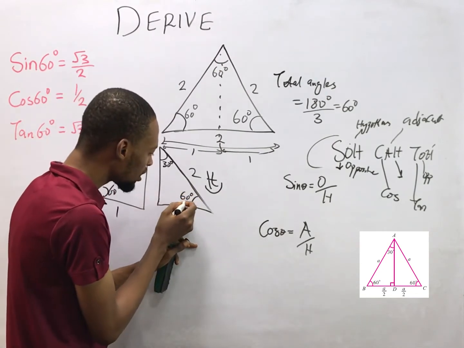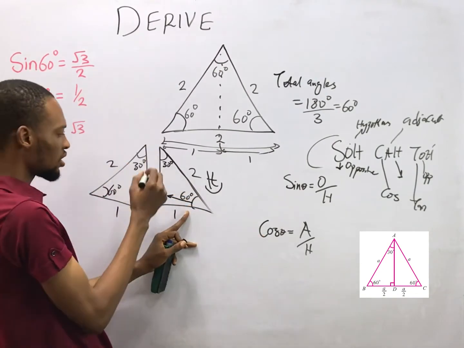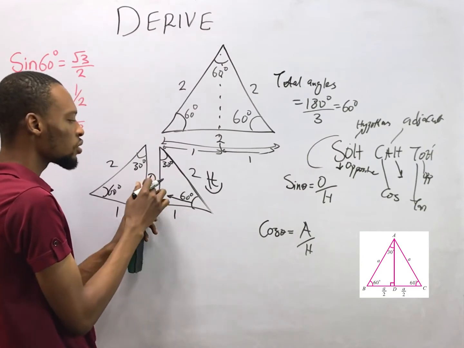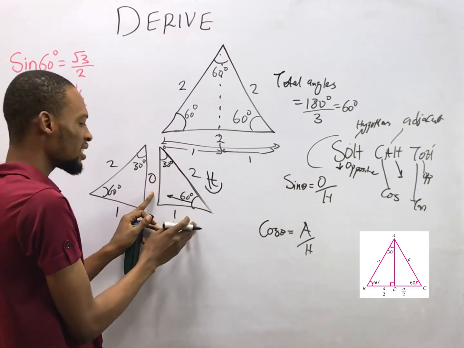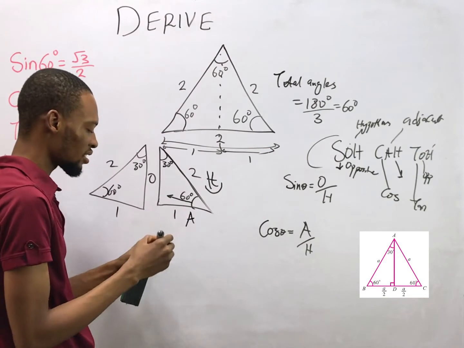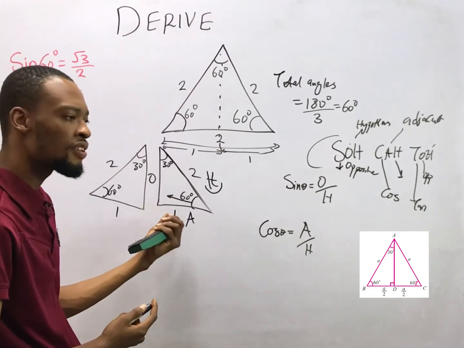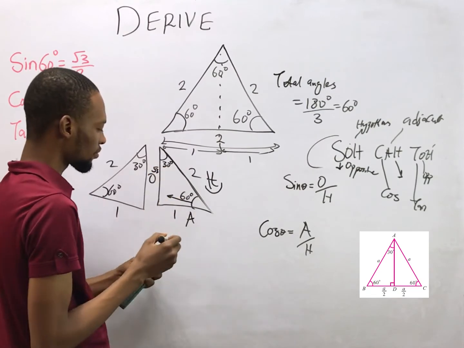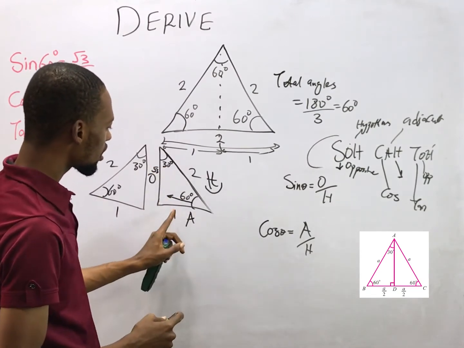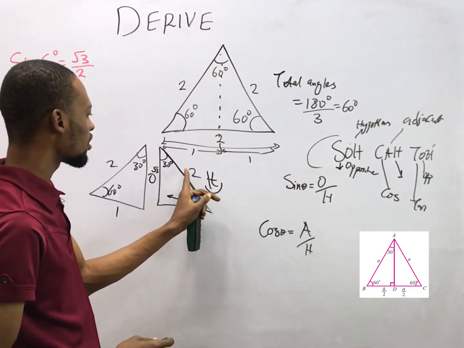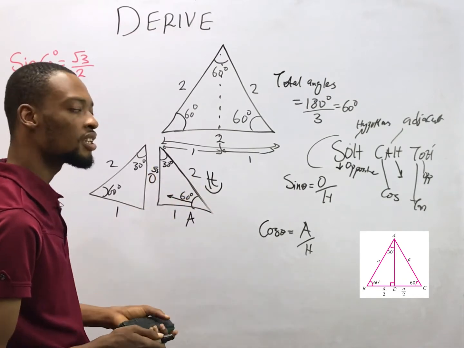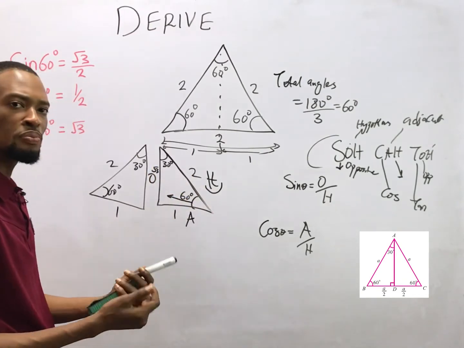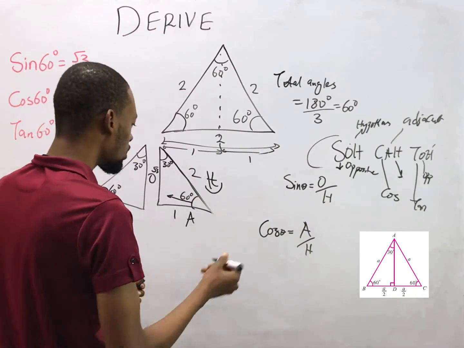The part opposite this angle 60 is the opposite. And the other part here is the adjacent. We've known our 3 parts. Adjacent is 1. Here is 2. Here is root 3. And if you are in doubt, you can also prove it using Pythagoras theorem.